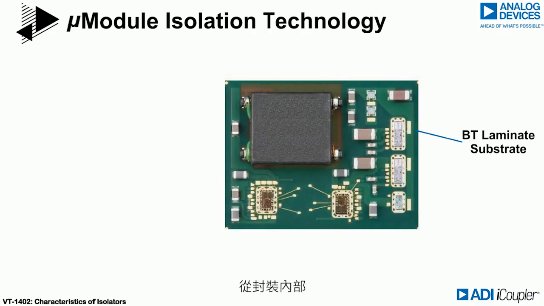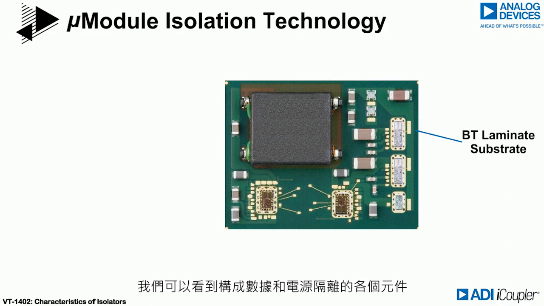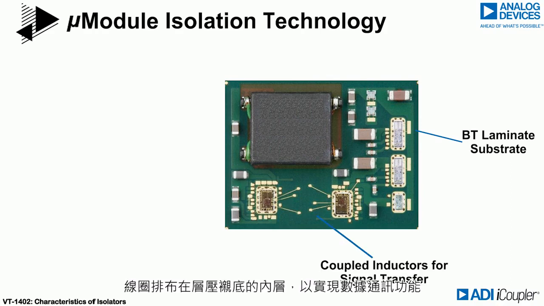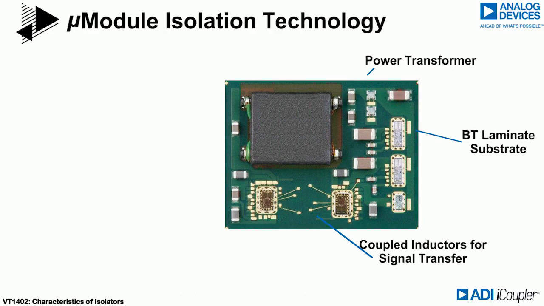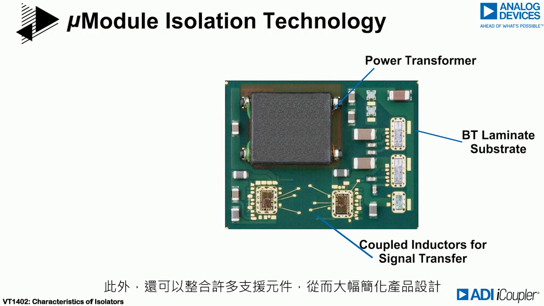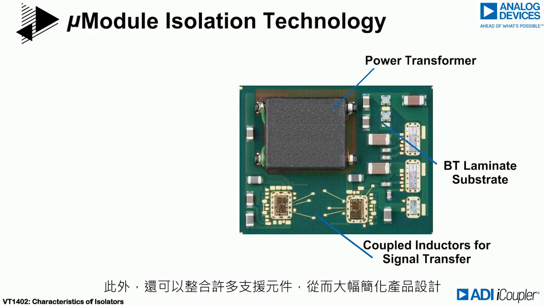If we look inside the package, we can see the individual elements that form the data and power isolation. Coils are patterned into the inner layers of the laminate to provide the data communication functionality. A power transformer is also integrated into the packaging, which provides high power capability and improved power transfer efficiency. Many support components can be integrated, making the products very easy to design with.